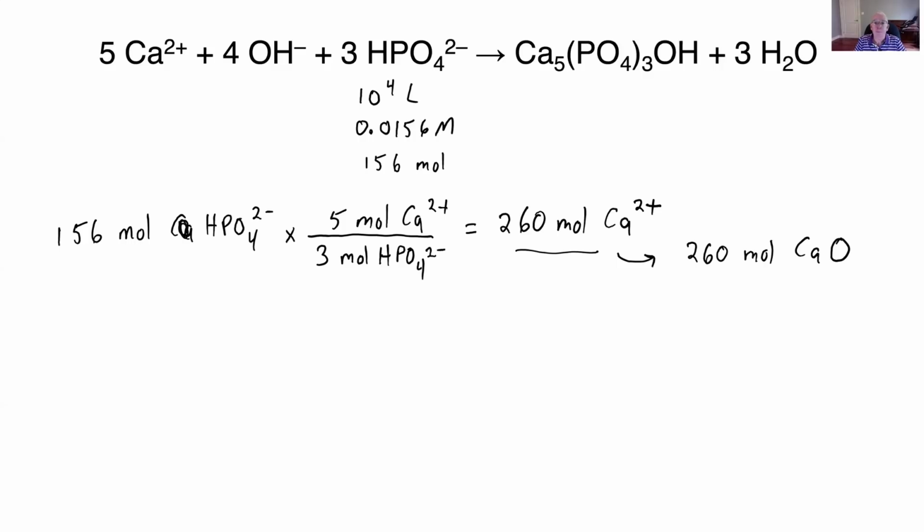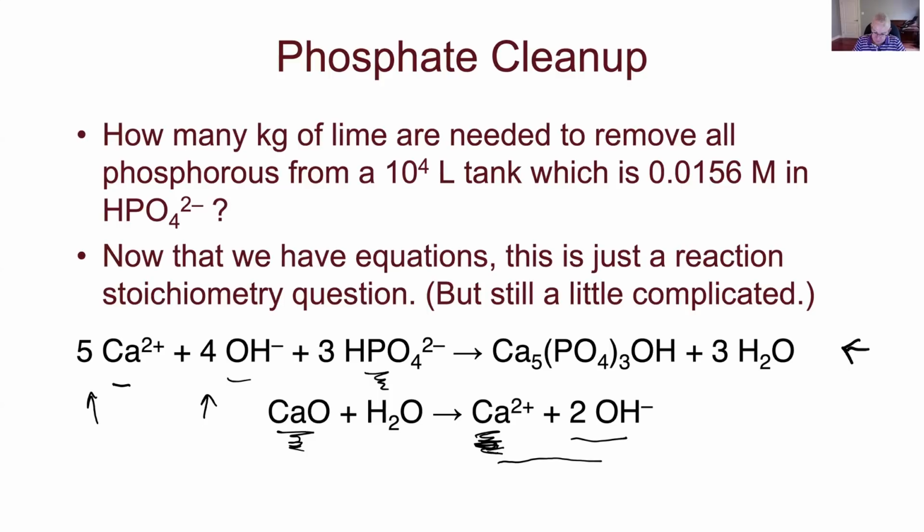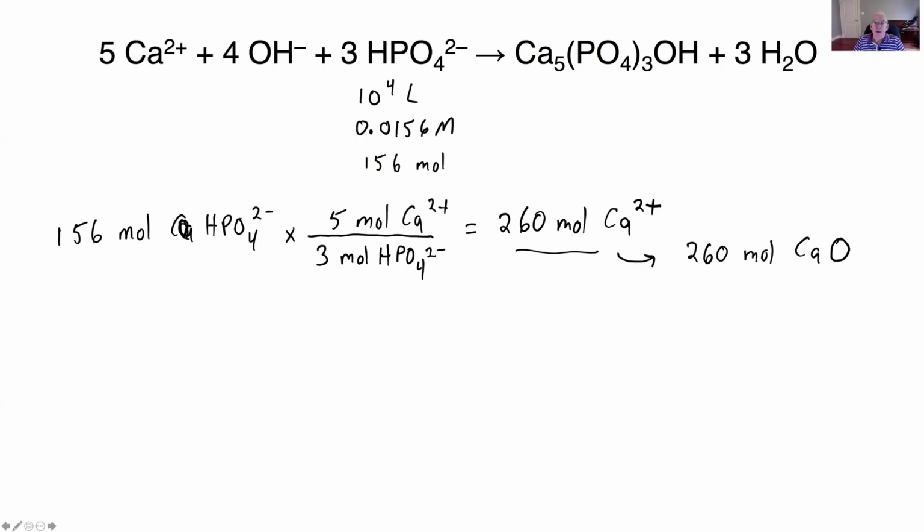Okay. So again, about the hydroxides, because when I do the dissolving, I get 2 hydroxides here for every calcium I make, right? So when I get 260 moles of calcium ions, I'm also going to have produced 520 moles of hydroxide.